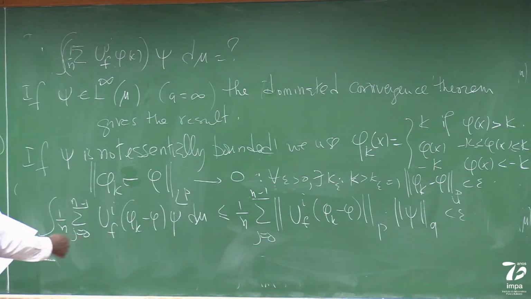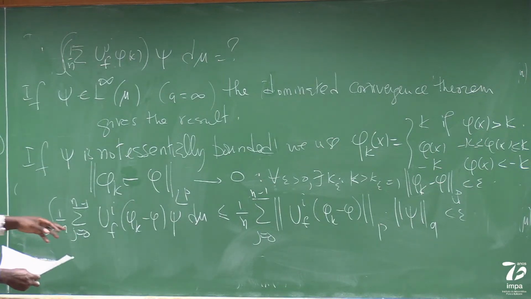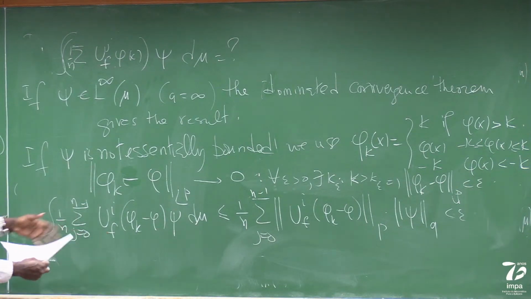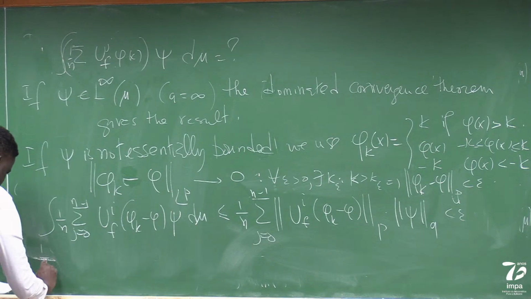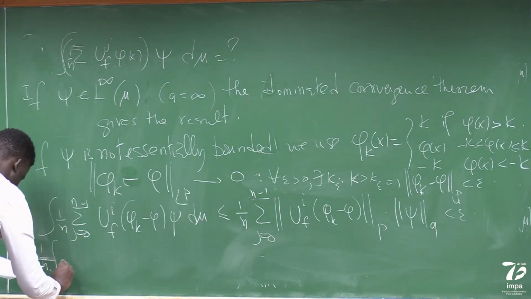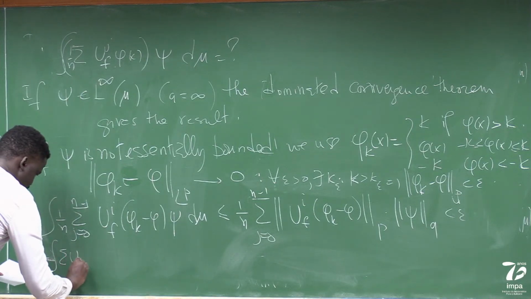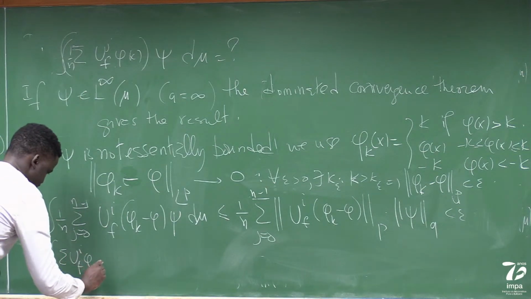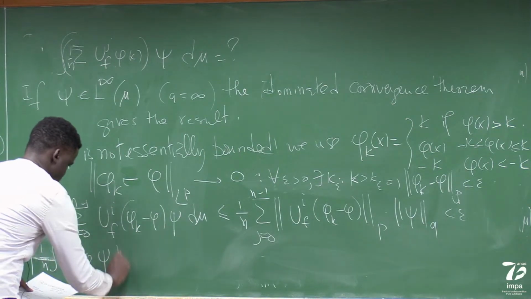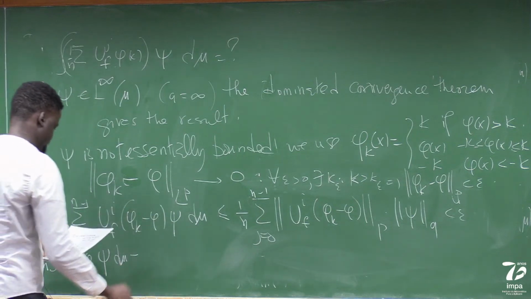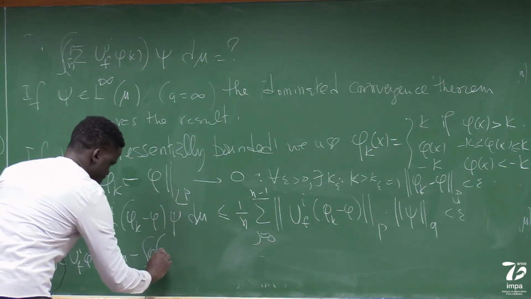And what you do is you add and subtract. So you write this 1 over n, the sum of the integral of u_i f_i c times psi d mu, minus the integral of phi times the integral of c.